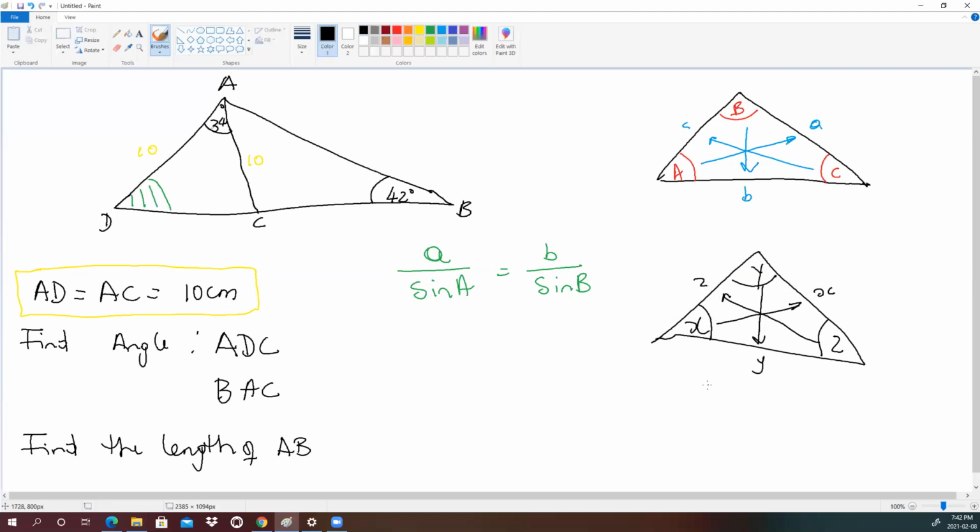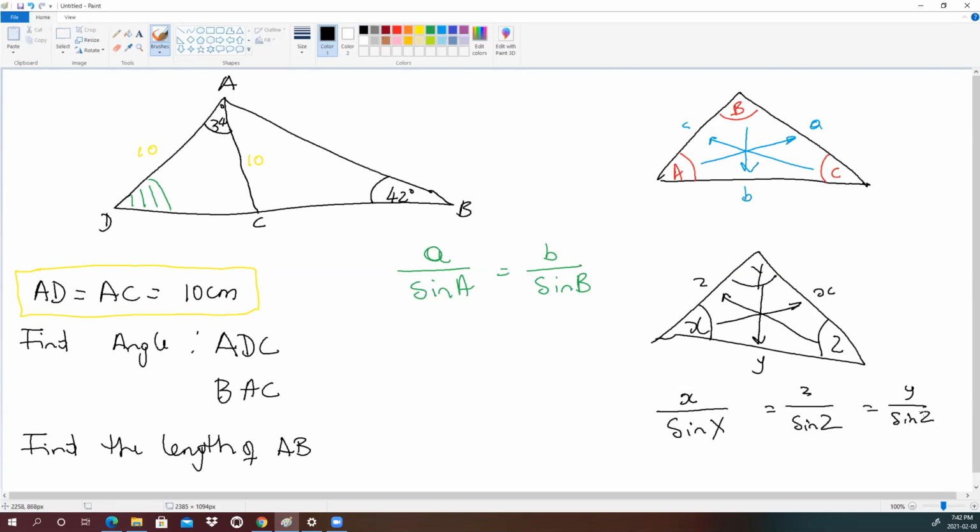Then I can express the rule by saying the side over the sine of the corresponding angle is equal to the side over the sine of its corresponding angle, and I can do it for all of them.